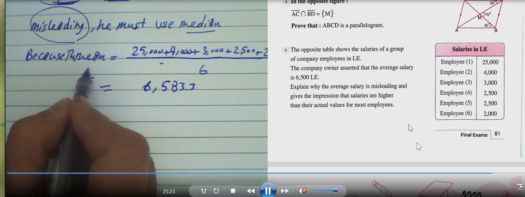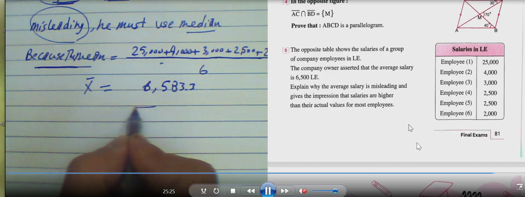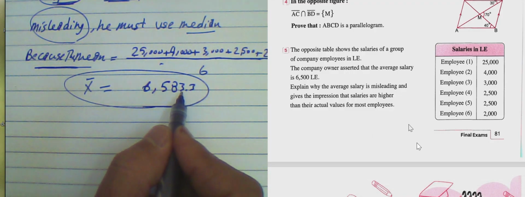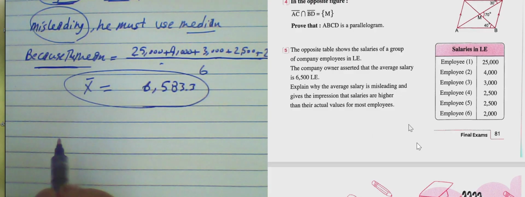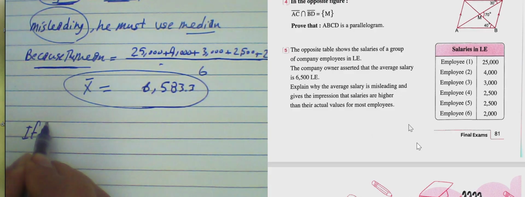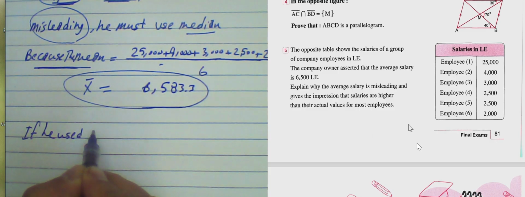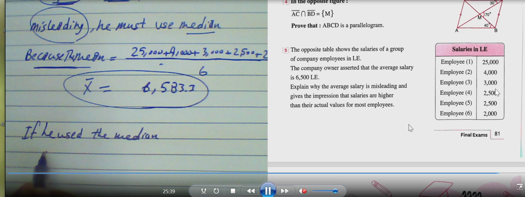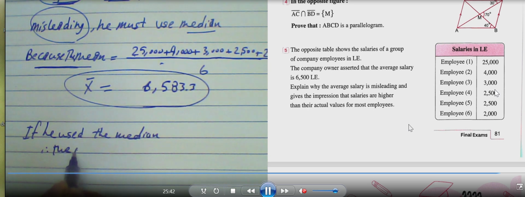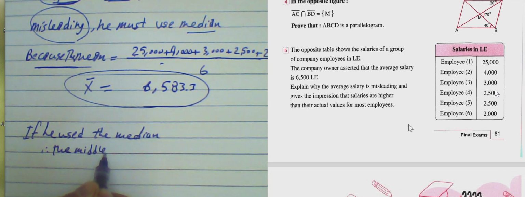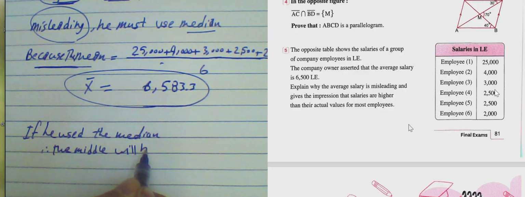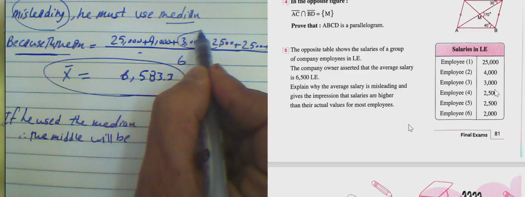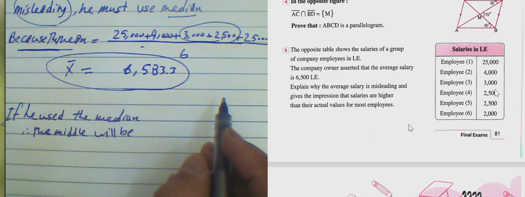To find the median, you must arrange all the numbers and then find the number which lies in the middle. Here the two salaries in the middle are 3,000 and 2,500. We add them and then divide by 2. If he used the mean, the result will be wrong.